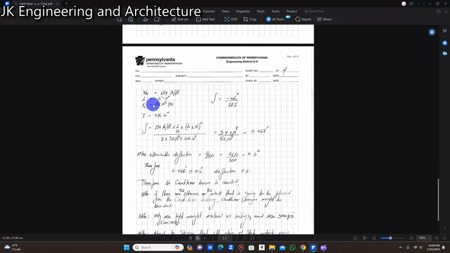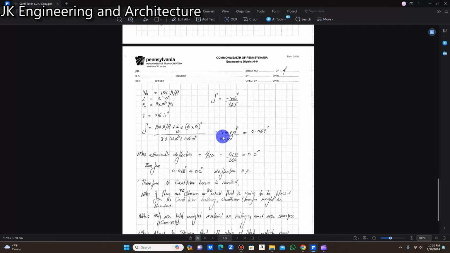The 6 feet, which is the length, I multiply by 12 also, to carry that 6 feet into inches, and that is raised to the 4th power. And it's going to be 8 times E, the elastic modulus, which is 3 times 10 to the 6 pounds per square inch, and then I, the moment of inertia, which is 216 inch to the 4th. So everything is in inches.